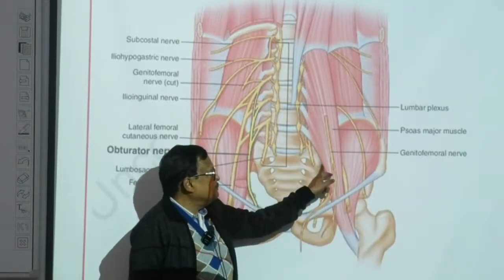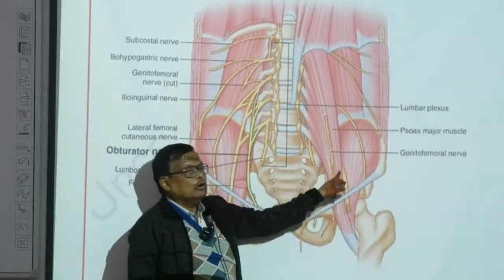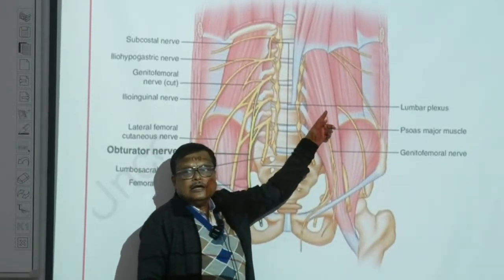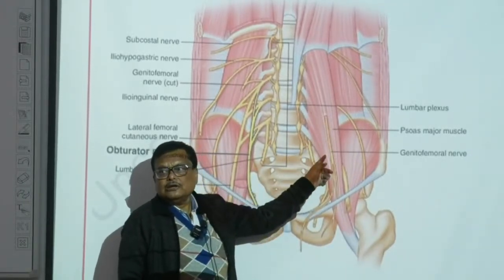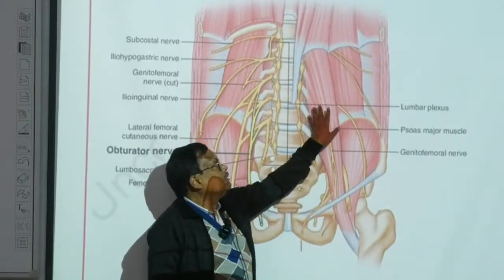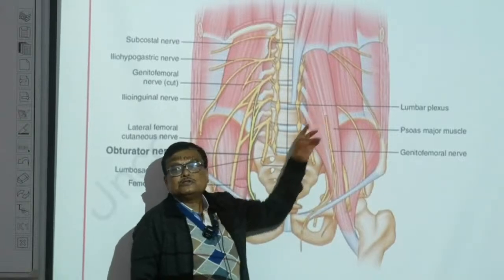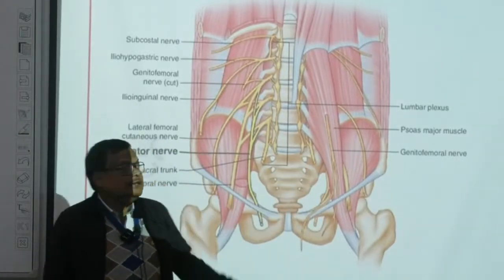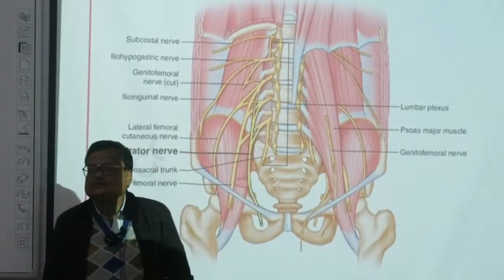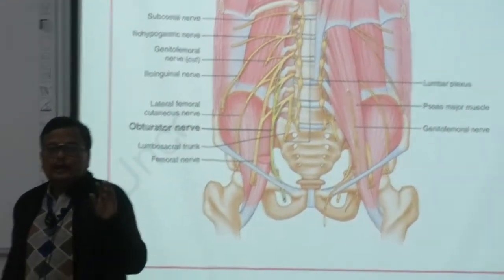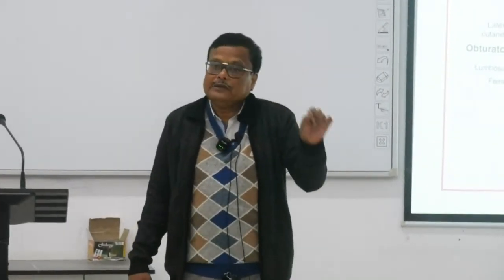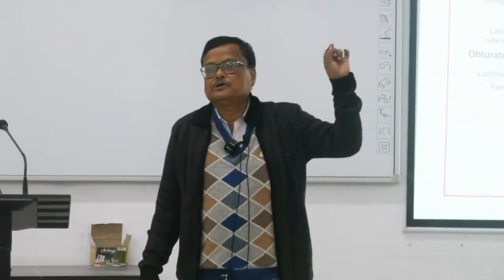Psoas major muscle has a medial border and a lateral border. Can you see the lumbar plexus here in this picture? Why? Because the lumbar plexus cannot be seen, as it is present within the psoas major muscle. On the right side, the psoas major muscle is cut so that you can see the lumbar plexus. So, the lumbar plexus is present within the psoas major muscle and branches arise within the psoas major muscle.